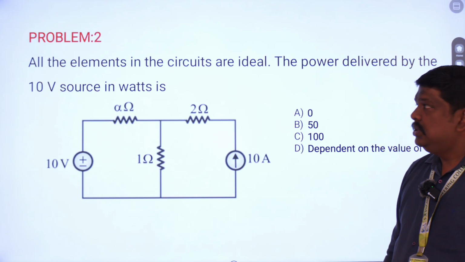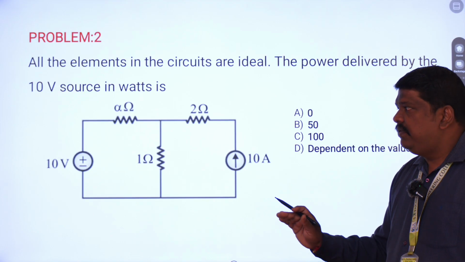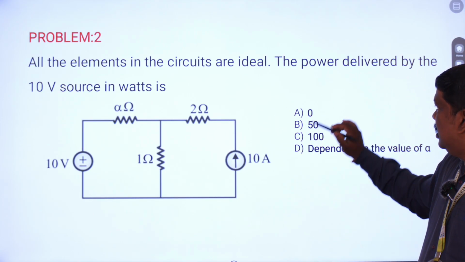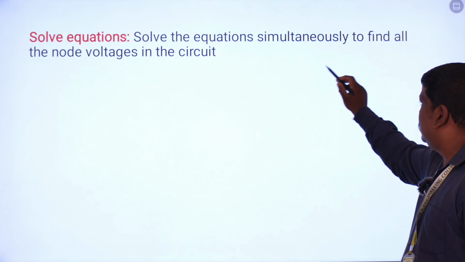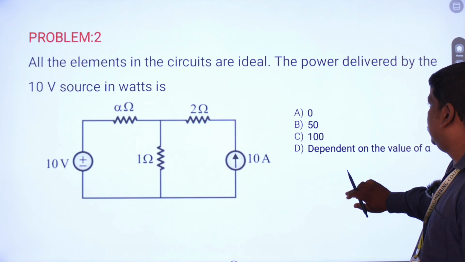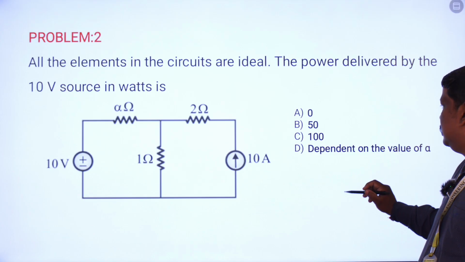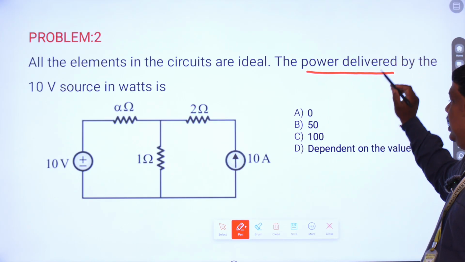Second problem. Here also we are going to use your same nodal analysis but in a different way. Here it is given all the elements in the circuit are ideal. We have to find power delivered.